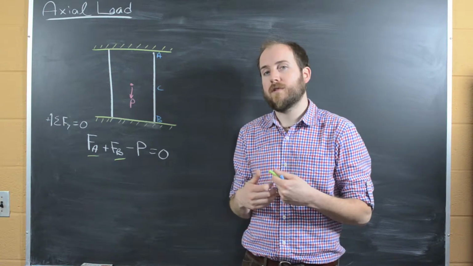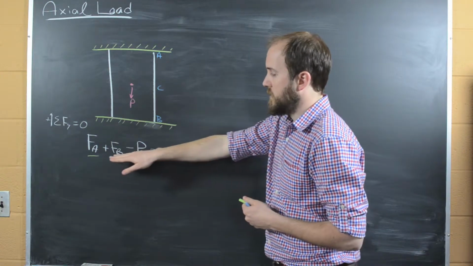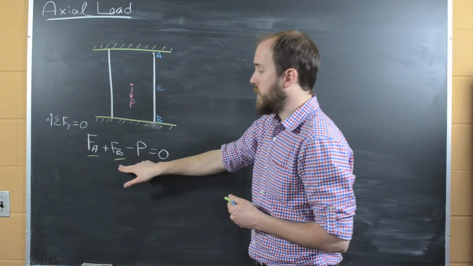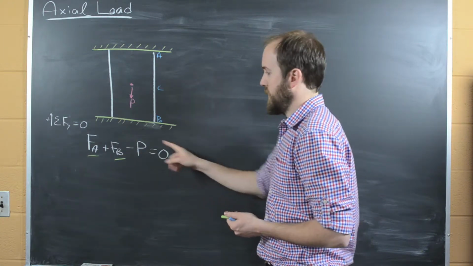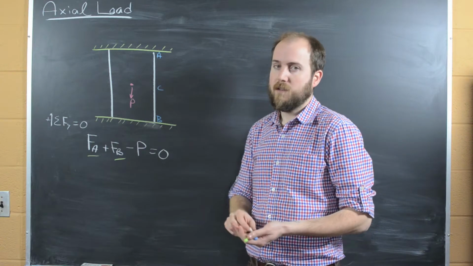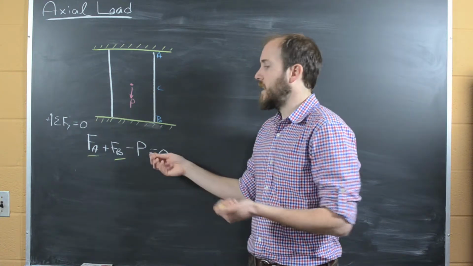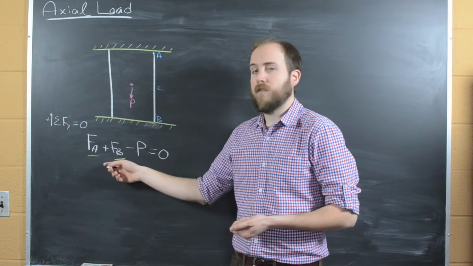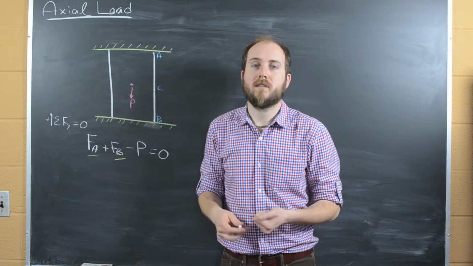Whenever you have more supports than necessary to maintain static equilibrium, what you end up with is more unknowns, in this case 2, than you have equilibrium equations. In this case, we just simply have 1. And so whenever you have a statically indeterminate problem, we're lacking an equation to get at our unknown variables, in this case our unknown reaction forces. And so we need to know something else.